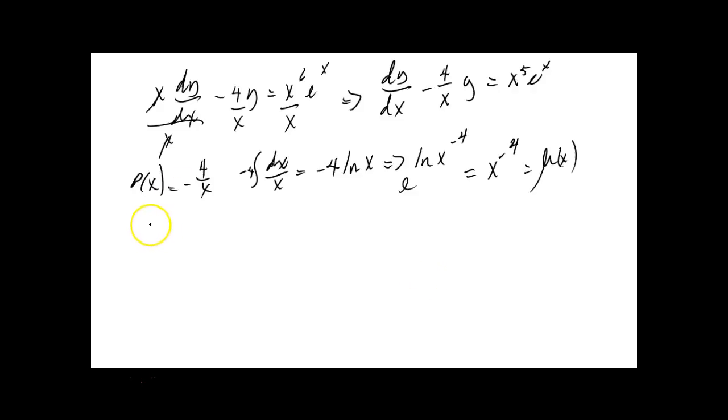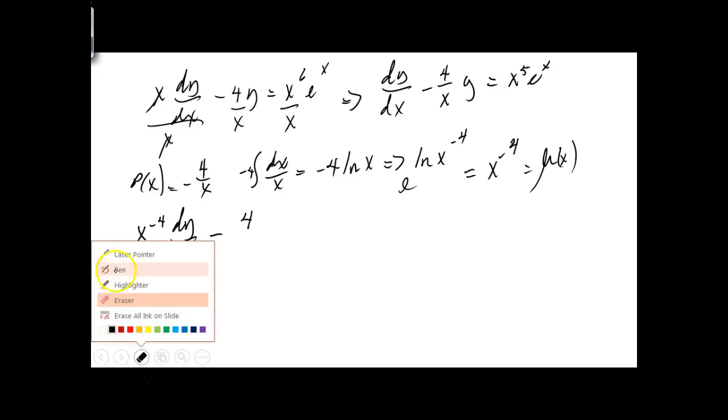So this will be x to the minus 4 dy dx minus, okay, you got a 4, and that was already x to the minus 1, times this will be x to the minus 5. I'm torn between which way I want to write it.